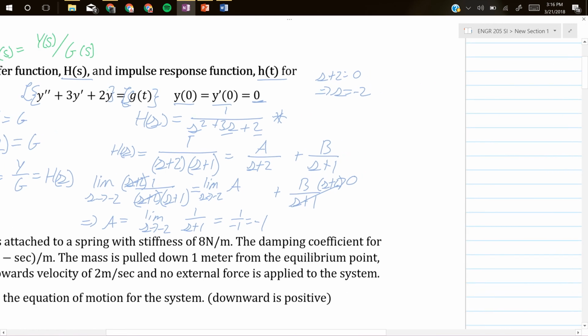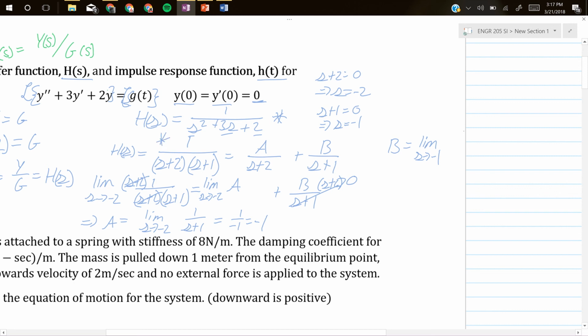Now we can do the same thing for B, and I've already done all the work for this first one just to help you understand Heaviside a little bit better. But I'm just going to say B equals the limit, and same thing we did before, s plus 1 equals 0, which implies s equals -1. So the limit would be s approaches -1, and we're going to multiply by the s plus 1 term to our left side that we have over here.